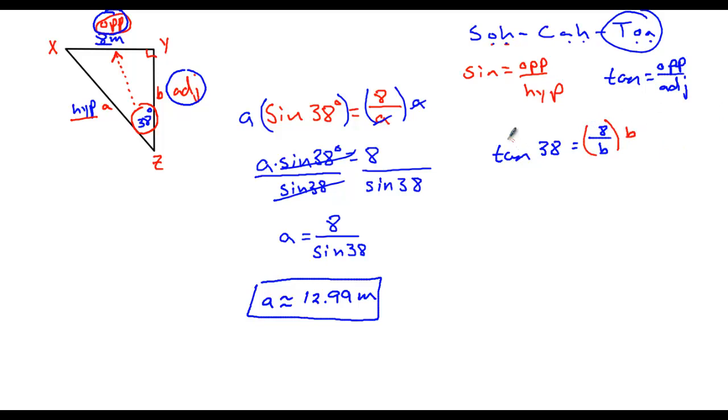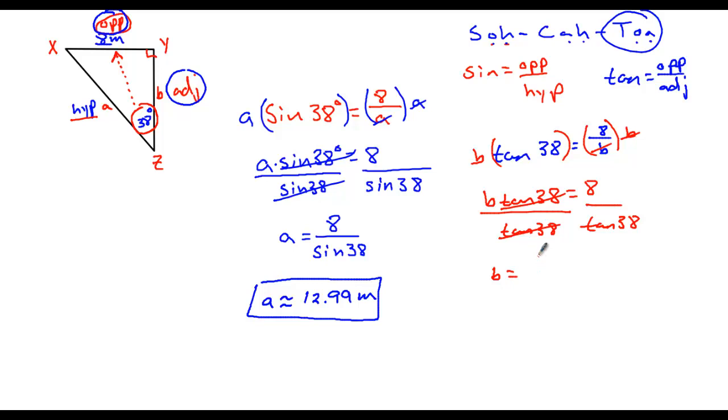I want to multiply both sides by whatever I'm trying to get rid of on the bottom. So I get B times tangent 38 equals 8. Then I divide both sides by tangent 38. And I get B is equal to 8 divided by the tangent of 38.